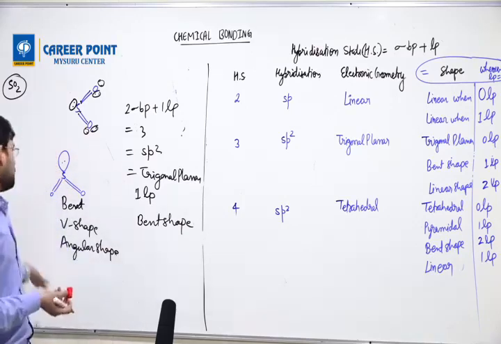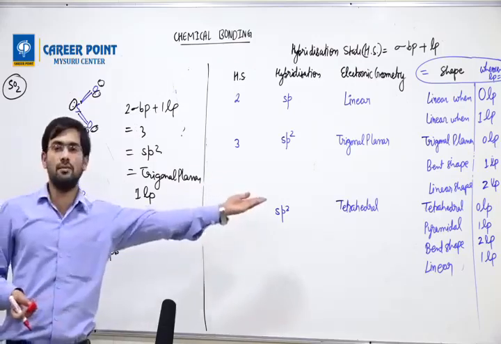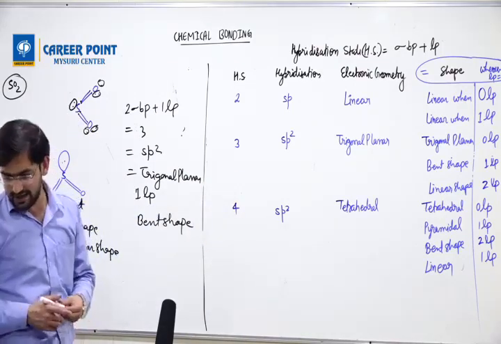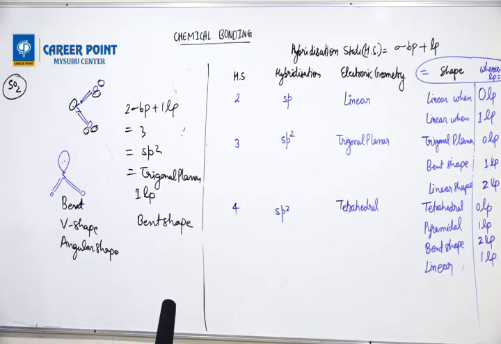But I should not have to do all this. I could directly write it, provided I remember the table. Understand? Easy. Any doubt till now?